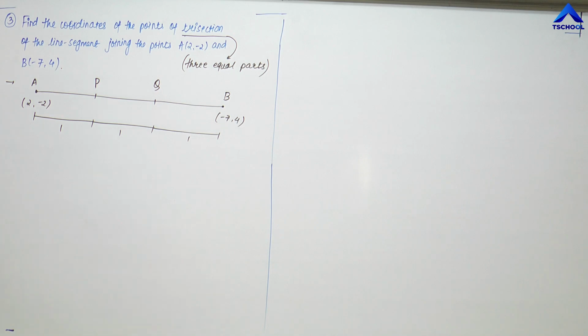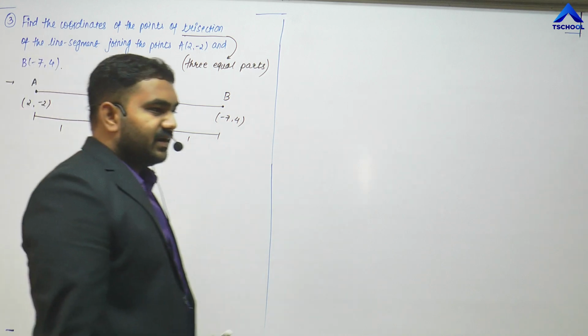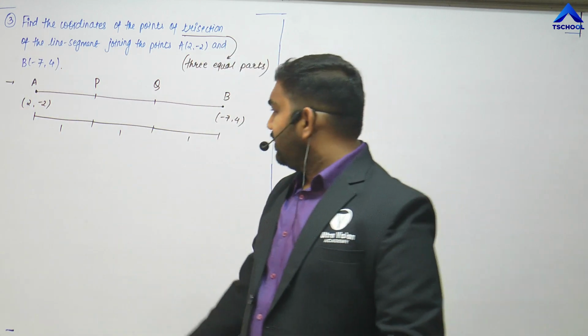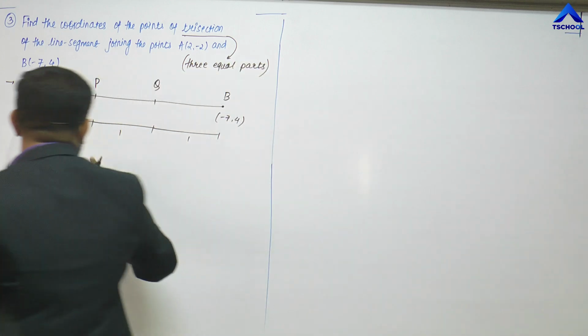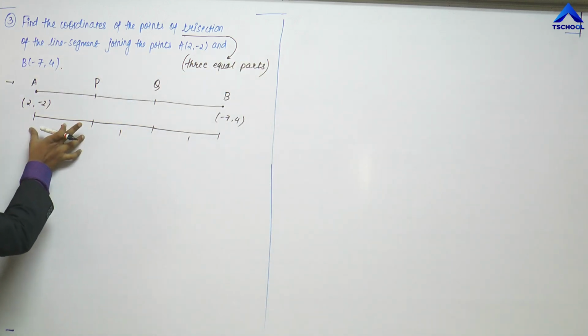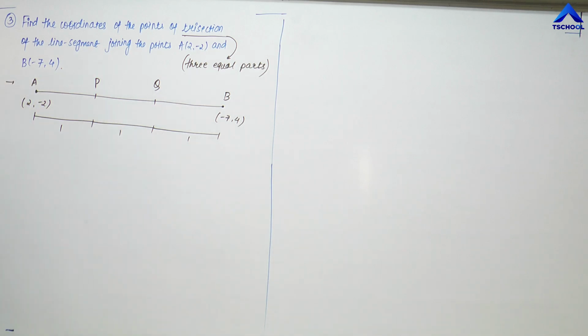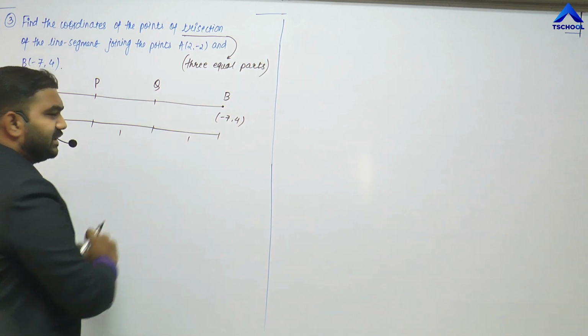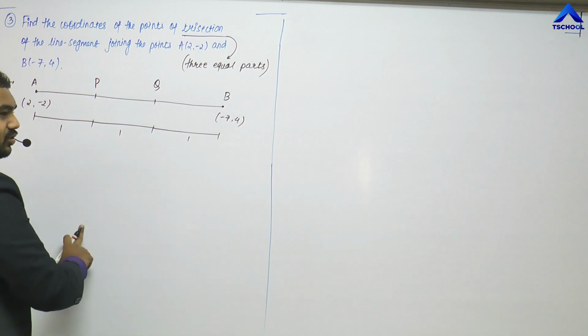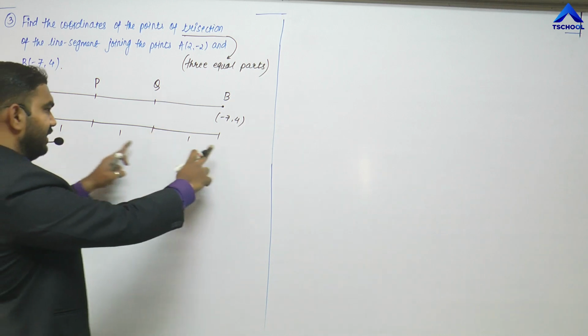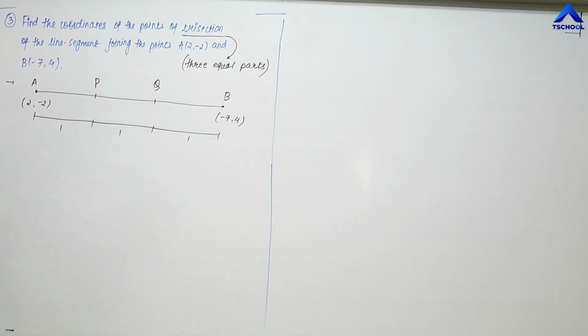This point P is on line segment AB, dividing it in the ratio 1:2, because P is 1 unit from A but 2 units from B. Yes or no? Similarly Q is located 2 units from A and 1 unit from B. Is this thing clear?